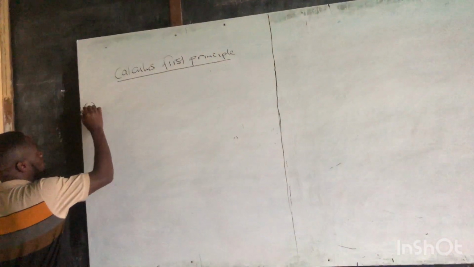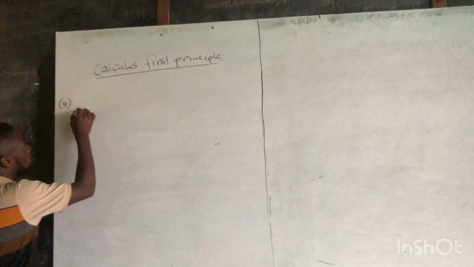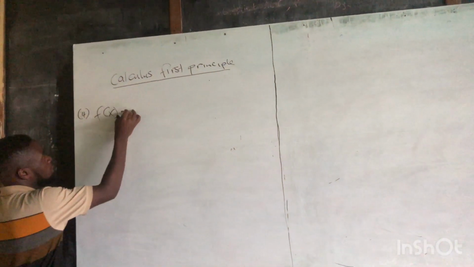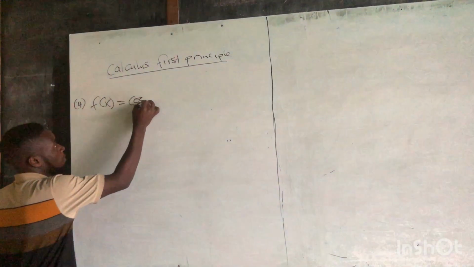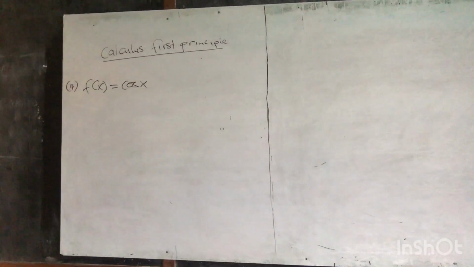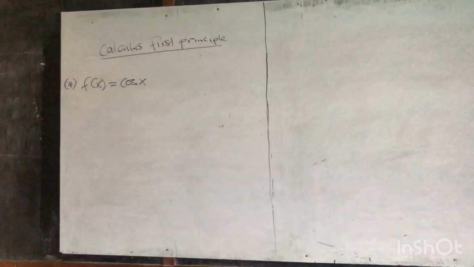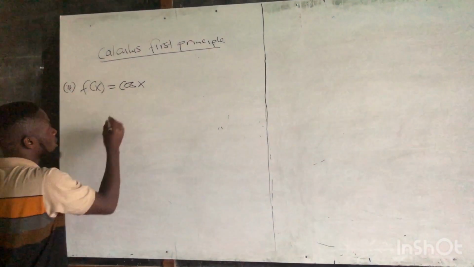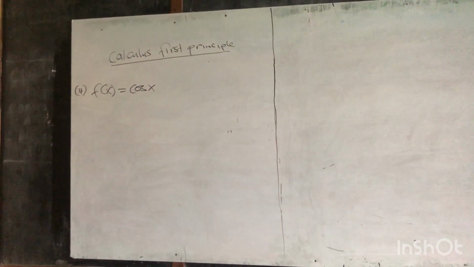Question 4 was f of x is equal to cos x. Before we solve this question, we need to understand the double angle formula for cos.